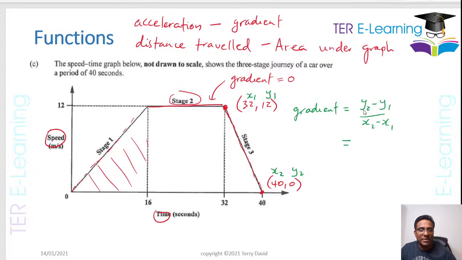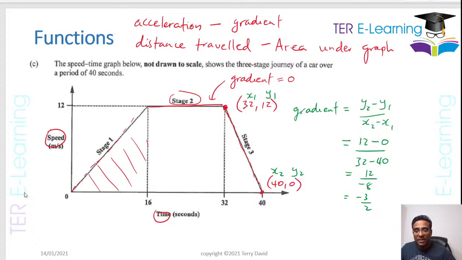So all I'm going to do now is substitute values. Y1 is actually 12, so it's 12 minus 0 divided by 32 minus 40. 12 minus 0 gives me 12, and 32 minus 40 gives me minus 8. So that's going to give me a gradient of minus 3 over 2.